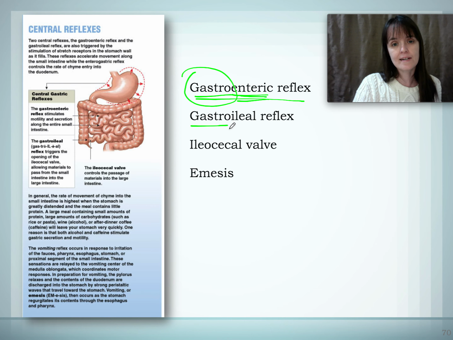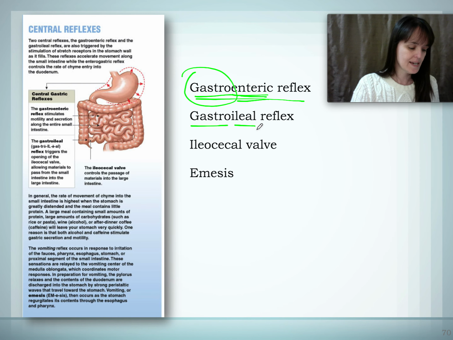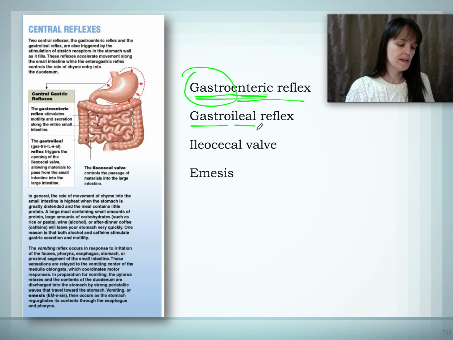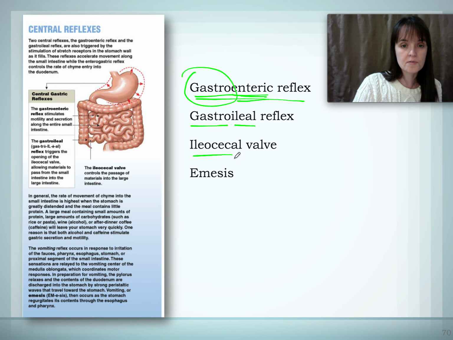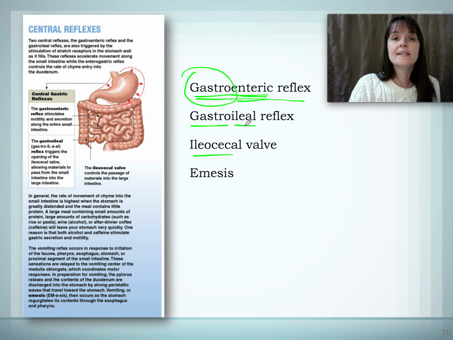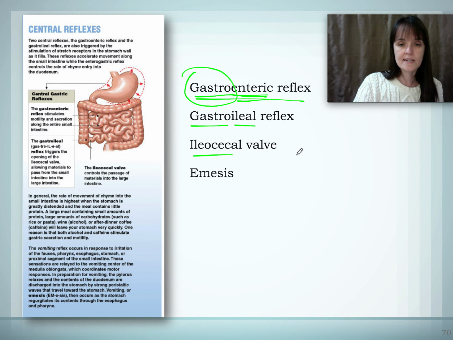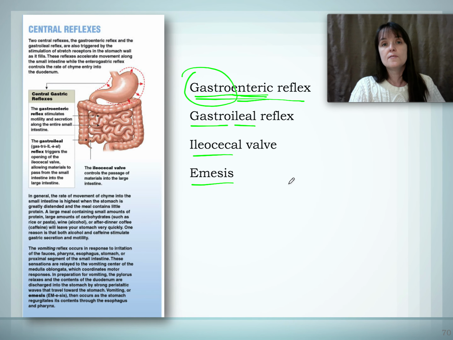And then the gastroileal reflex opens the ileocecal valve, which we haven't talked about yet, and that moves the partially digested food from the small intestine to the large intestine. The ileocecal valve is between the small intestine and the large intestine, and emesis is vomiting.